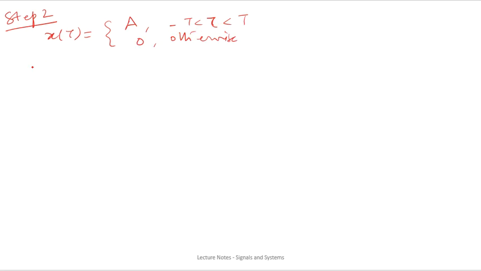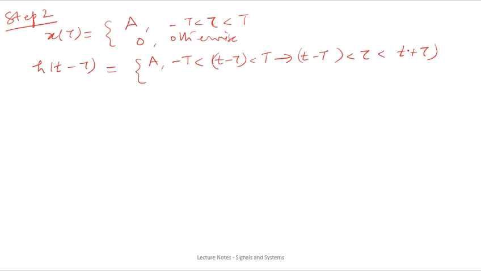Similarly h(t minus tau) can be written as A for t minus tau in between minus T and T. This can be simplified to t minus T less than tau less than t plus T, and it is 0 for all the other values.